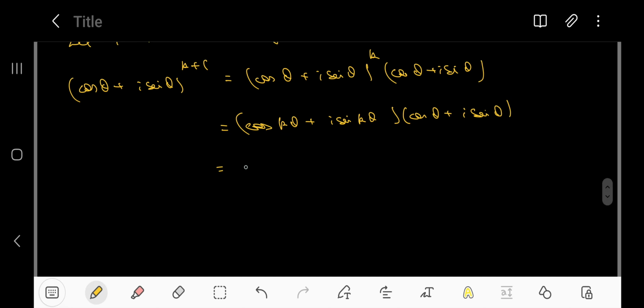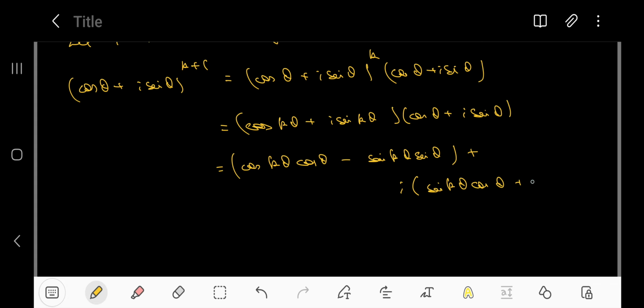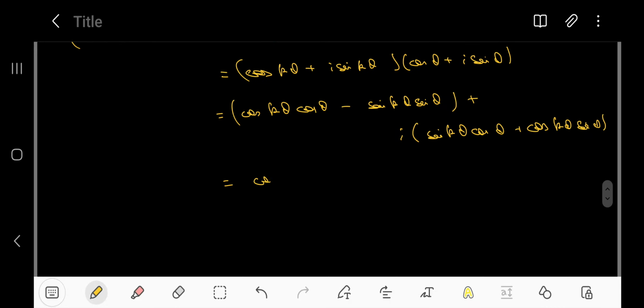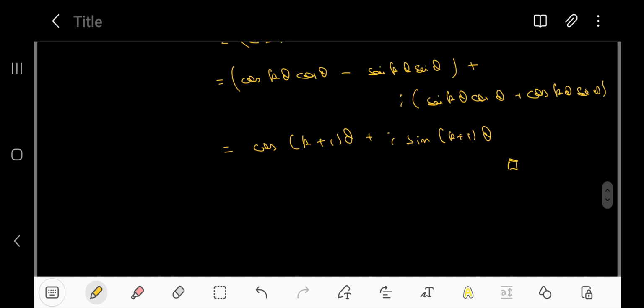Now just having the usual multiplication, we have this to be cos k theta cos theta minus sin k theta sin theta, plus i times (sin k theta cos theta plus cos k theta sin theta), and this is nothing but cos of (k theta plus theta), which is cos (k plus 1) theta, plus i times sin (k theta plus theta), which is sin (k plus 1) theta. Hence we have proved it using mathematical induction for all natural numbers.